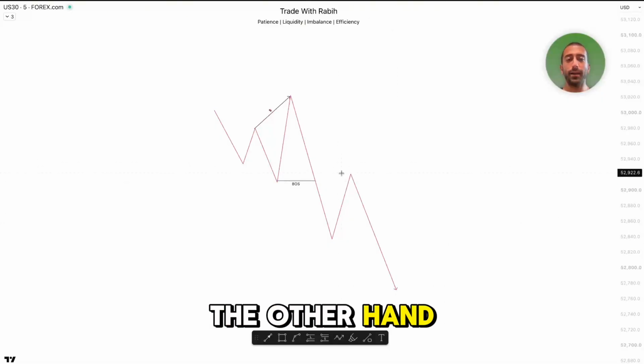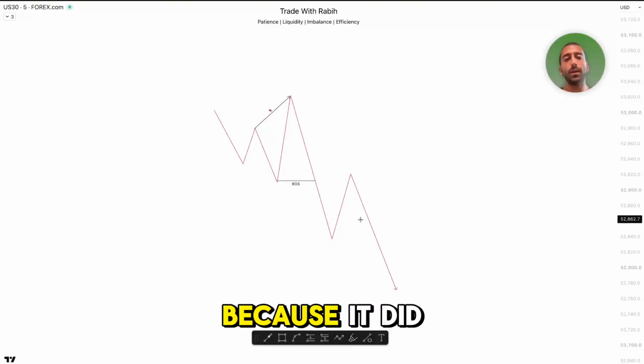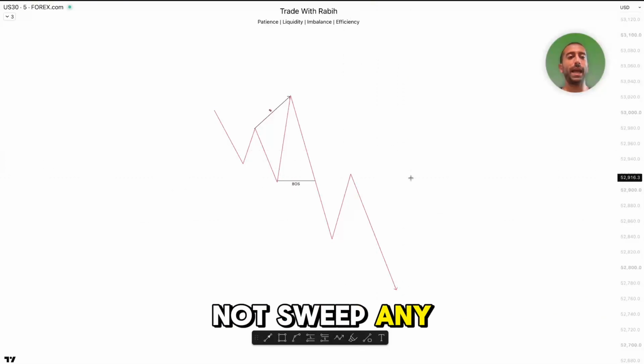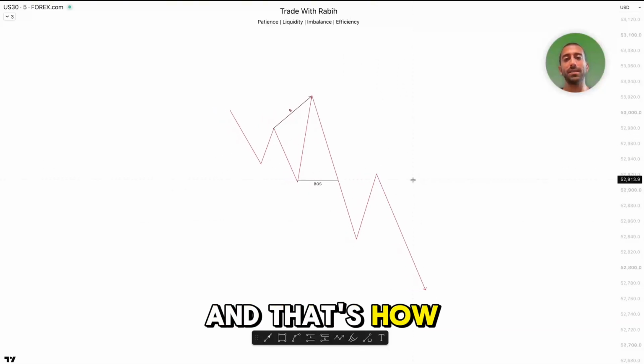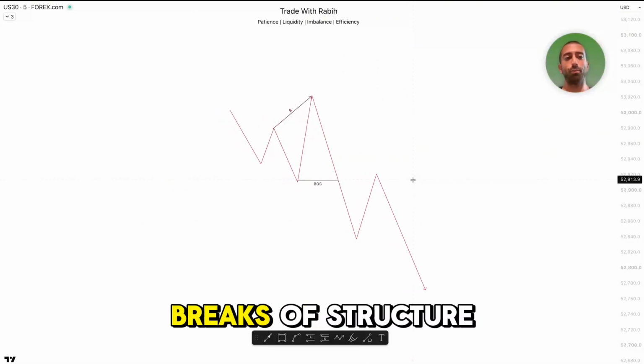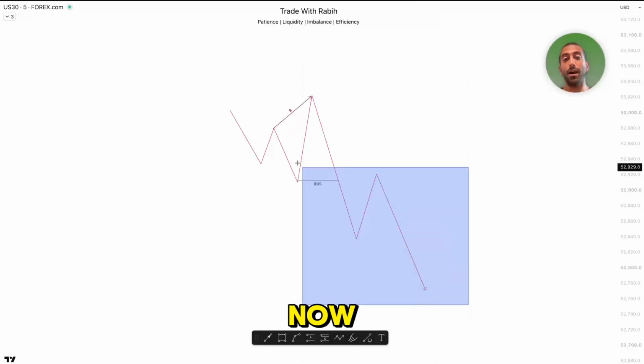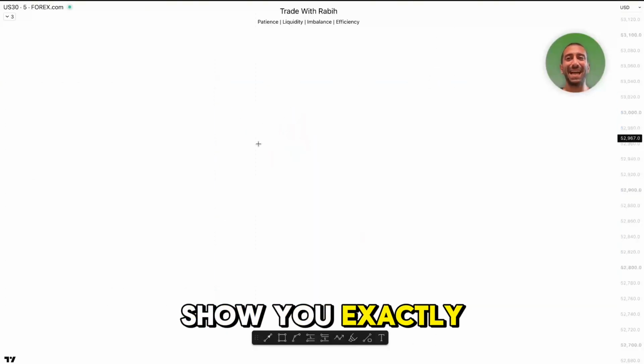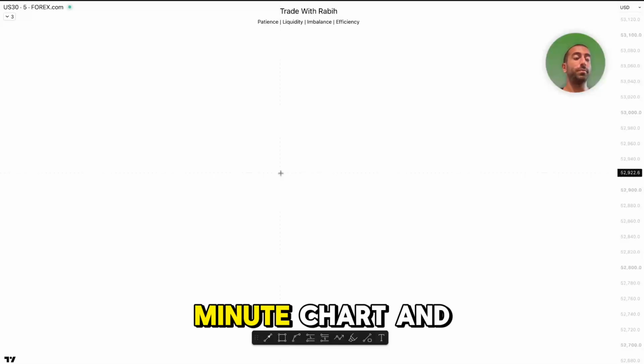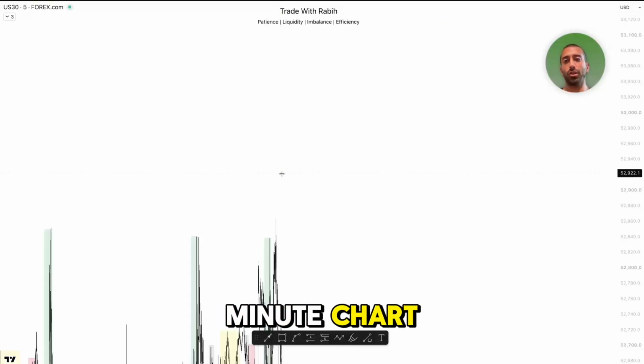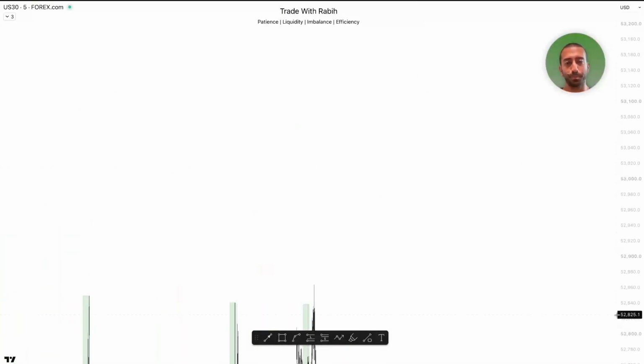This one, on the other hand, not valid. Why? Because it did not sweep any liquidity. And that's how we can identify valid breaks of structure. Now, I'm going to show you exactly how to look for these on the 5-minute chart and on the 1-minute chart.